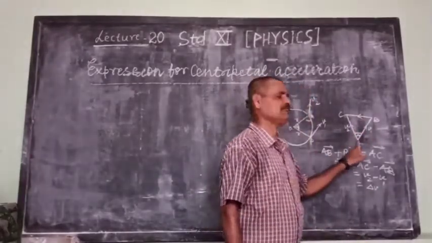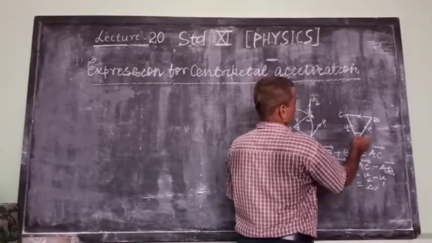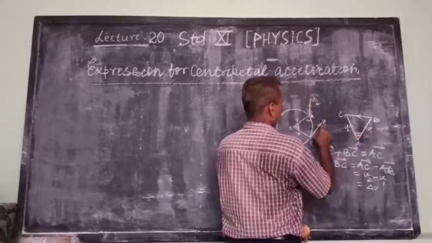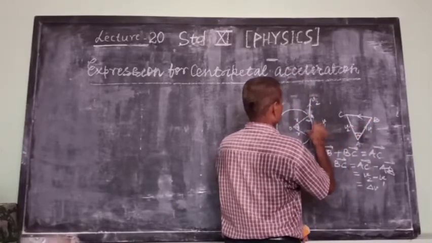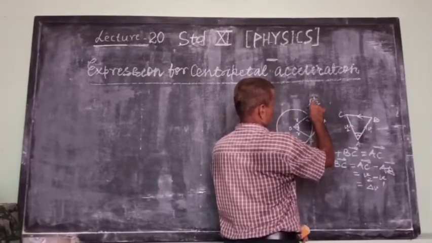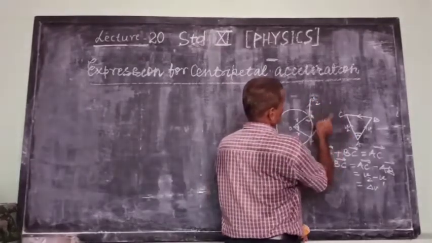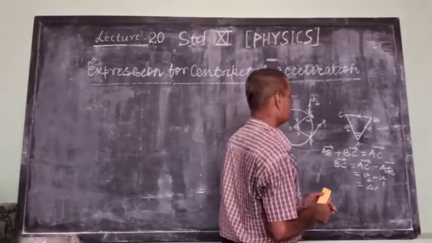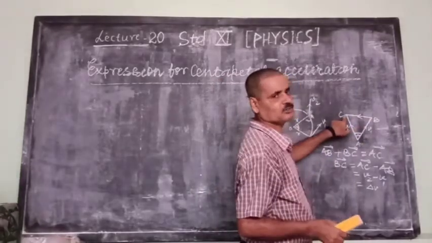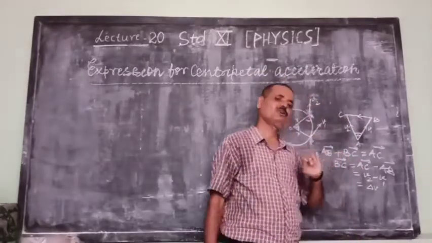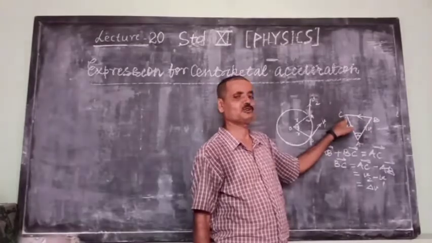Taking this point here, this is your velocity. These 2 are parallel and equal to AB, that is equal and parallel to this, and this is the velocity at point Q, that is V2. So these 2 are parallel and equal to AC, and joining this, from the triangle law, this plus this must be equal to this.